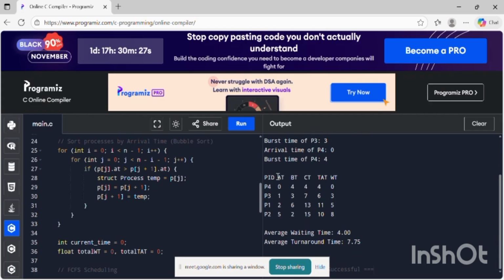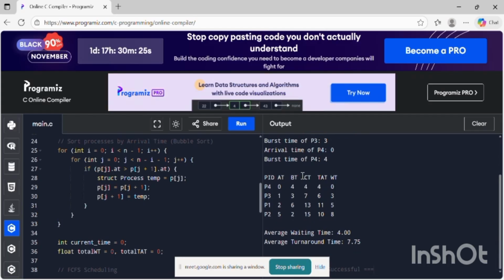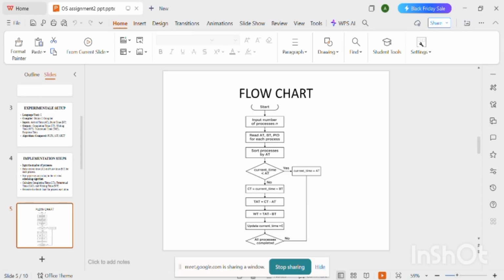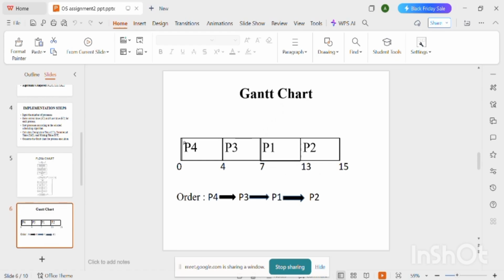Here are the process ID, arrival time, burst time, completion time, turnaround time and waiting time. Average waiting time is 4.00. Average turnaround time is 7.75. Gantt chart.